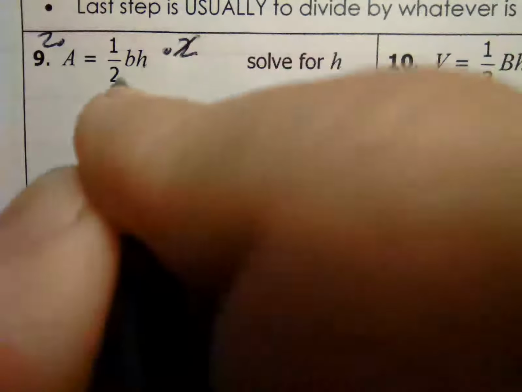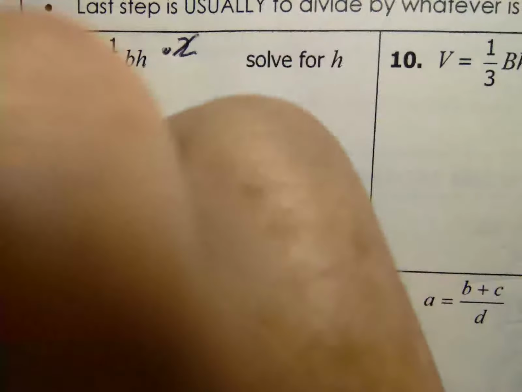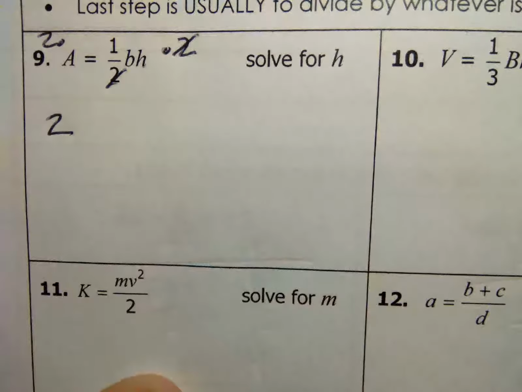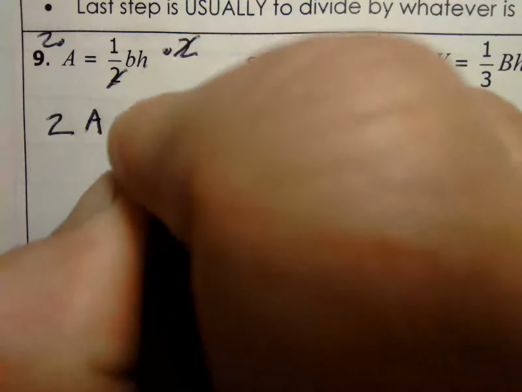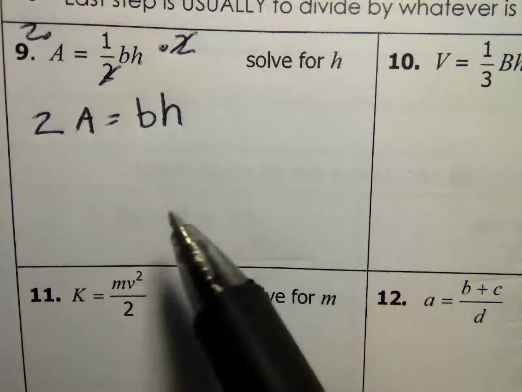So I'm going to multiply both sides by 2. And what happens, since it's all multiplication, that goes away. So I do have 2A is equal to B times H. Now, how do I get H by itself?